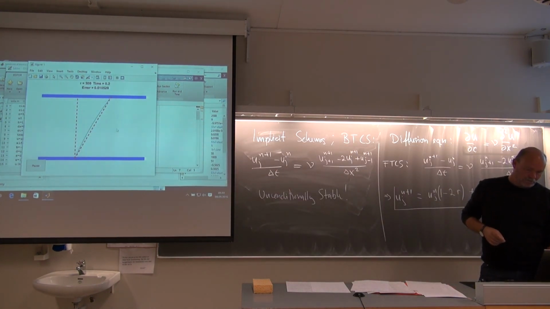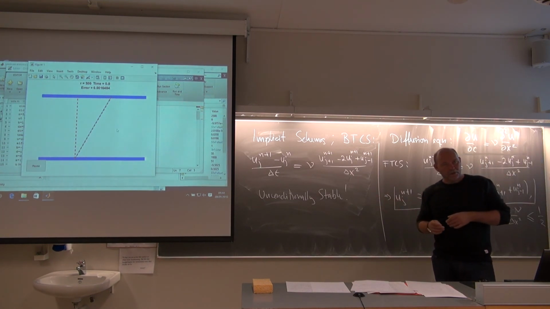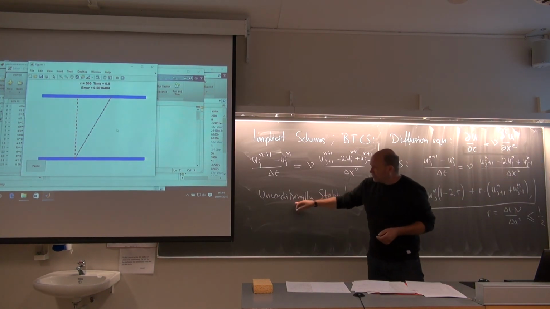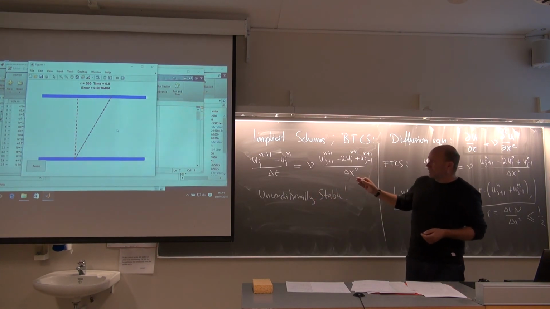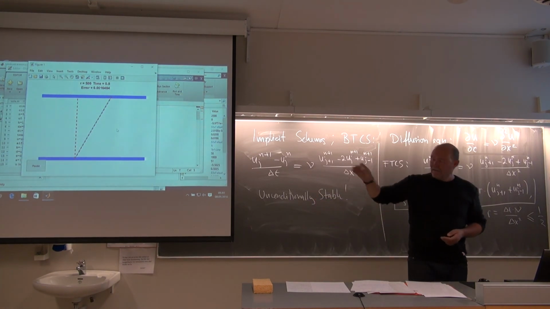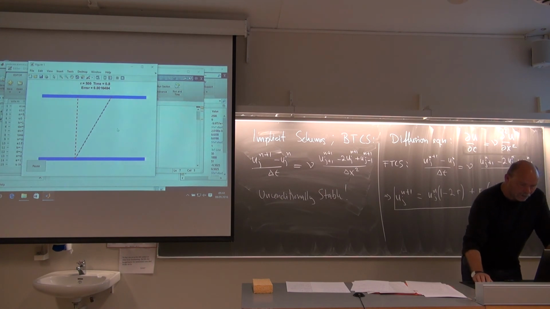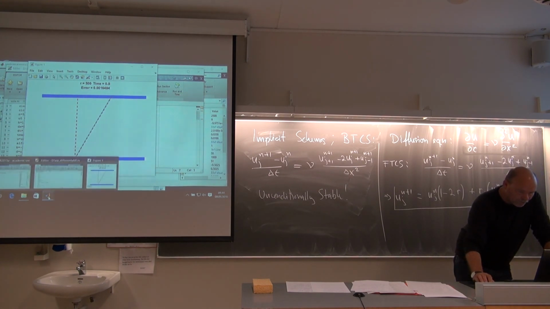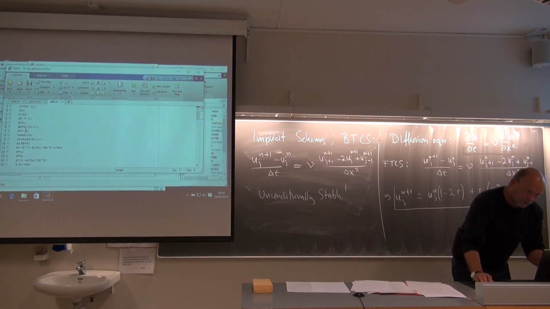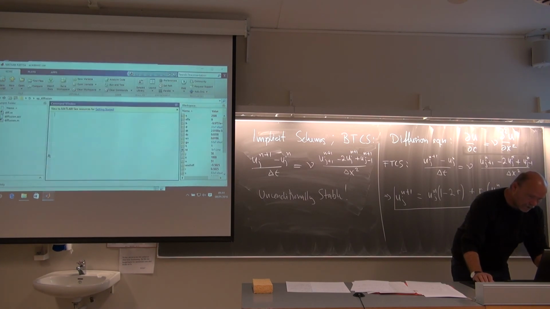Next step, yeah, closing in quite fast on the steady state solution. But you don't really get the time development correctly. It's unconditionally stable, yes, you could use a very big delta T, but the error is going to be big. So if you find an implicit method, okay, you could use it, but use it with care.